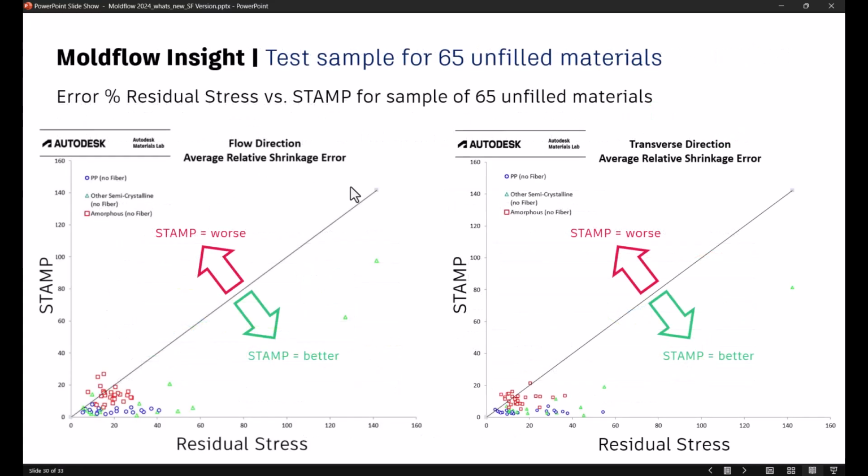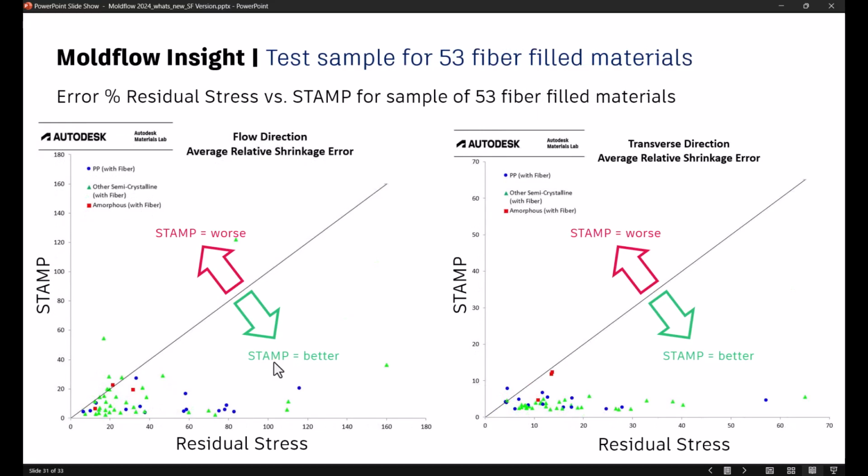And this is the error percentage, residual stress versus STAMP, tested for almost 65 unfilled materials. The better it falls on this side of the curve, the lesser the percentage error.